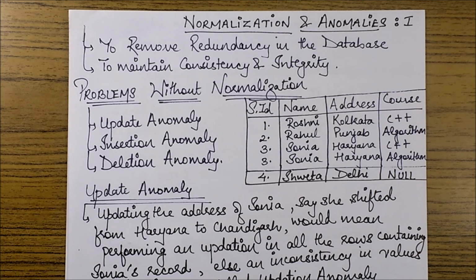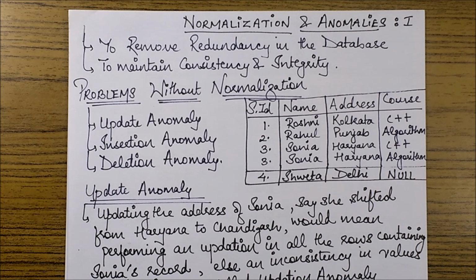That is, there is no file which disagrees with any other file present in your database, or no table which disagrees with any other value present in any other table regarding the same subject. So let's see this with the help of the definitions of various anomalies, how they arise, and how normalization helps in each.